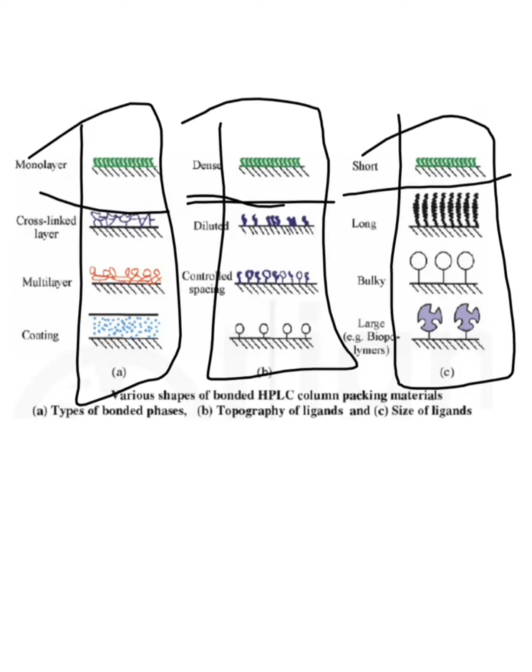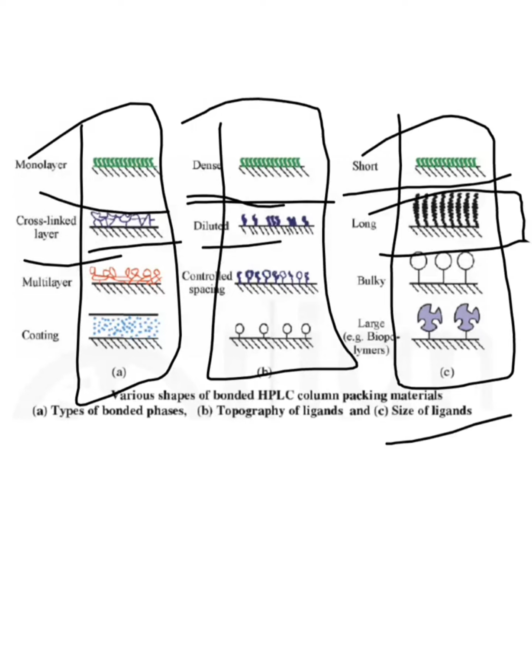In a cross-linked layer or cross-linked polymers, the ligand phase is diluted and the ligand size is very long.